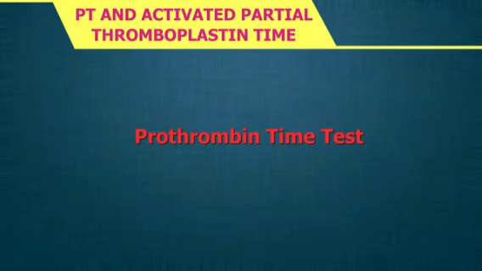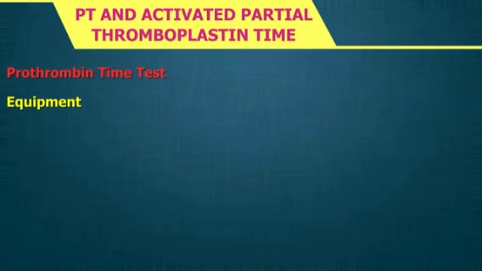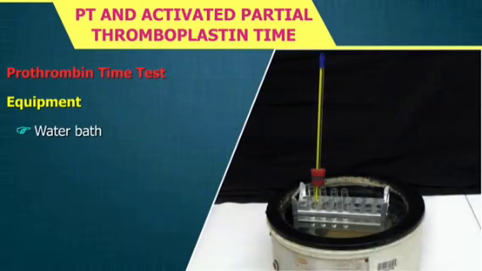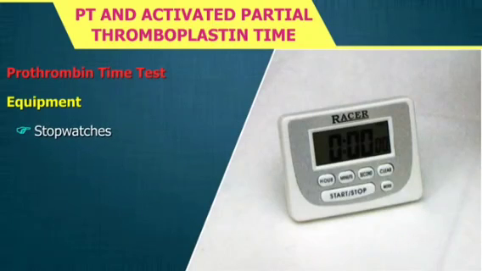PT. The test should be performed in a well-lit room to observe the clot formation. Equipment. 1. Water bath maintained at a temperature of 37 degrees Celsius plus or minus 0.5 degrees Celsius. 2. Stopwatches. 3.